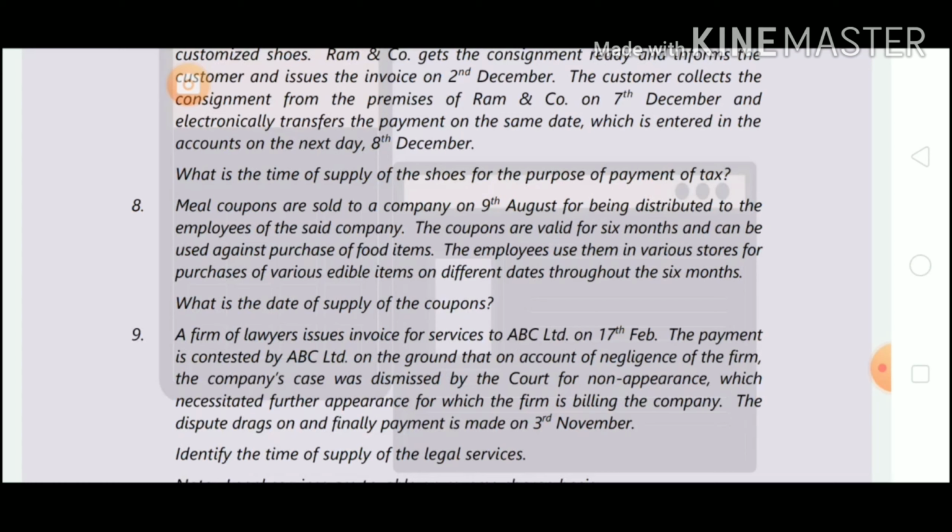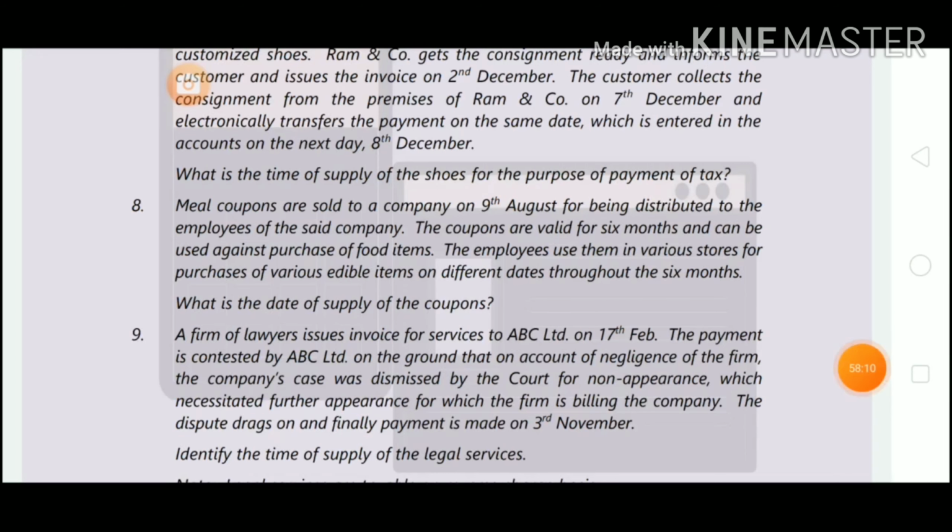Supply is not identifiable. The employees use them in various stores for purchase of various edible items on different dates throughout the 6 months. So just recall the provision. If the supply is identifiable, then date of issue of voucher, otherwise date of redemption. So in this case, we are supposed to take date of redemption. Now let's see the answer.